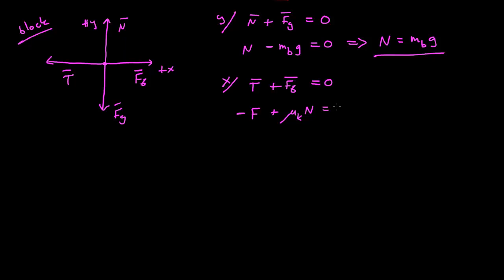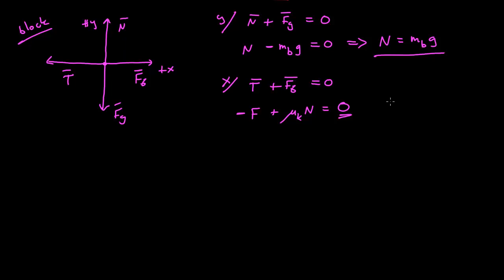And that's equal to the mass of the object times the acceleration in the x direction, which we said is 0. Remember, if it stays at rest relative to the ground, it has no acceleration. So it continues to stay at rest, so acceleration is 0.